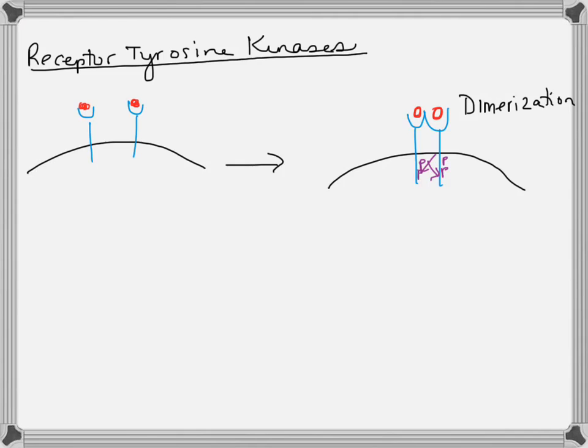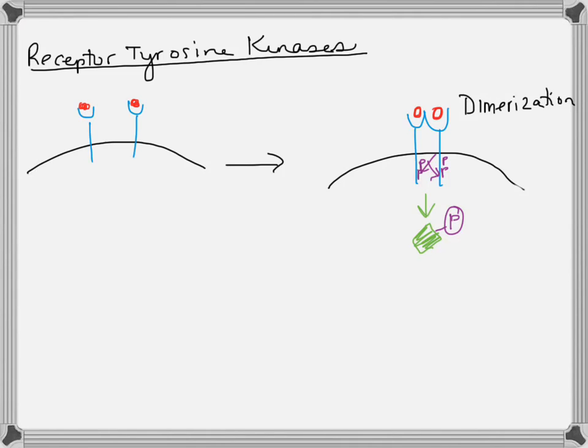Once the receptors themselves are phosphorylated, that further activates the receptor. That's through a process we call transphosphorylation, because we are phosphorylating the two different receptors within the dimer. And once those receptors are phosphorylated, that triggers the phosphorylation of intracellular cytoplasmic proteins that will continue to transmit this signal from the receptor.